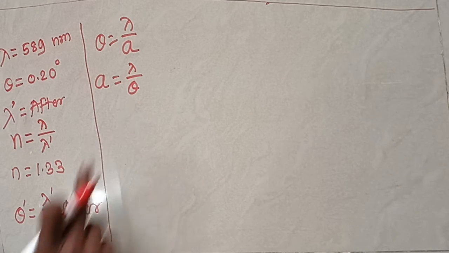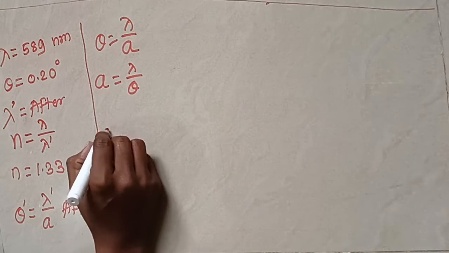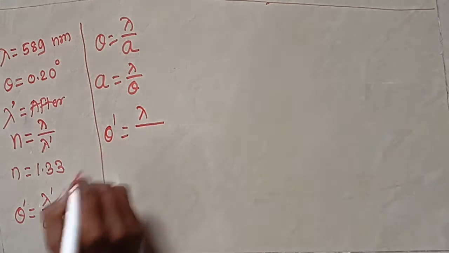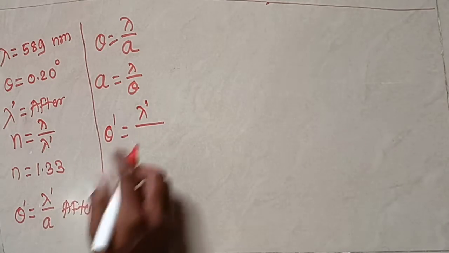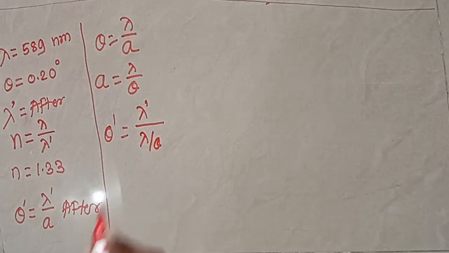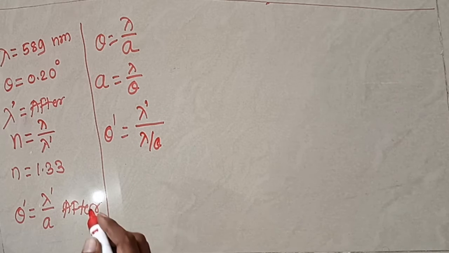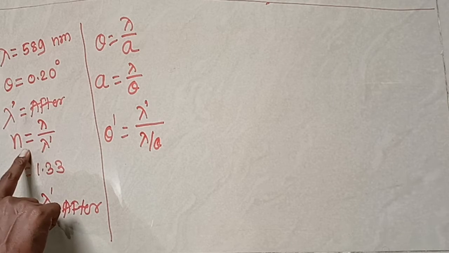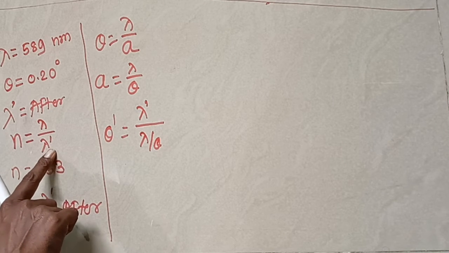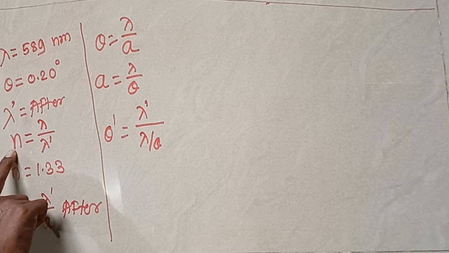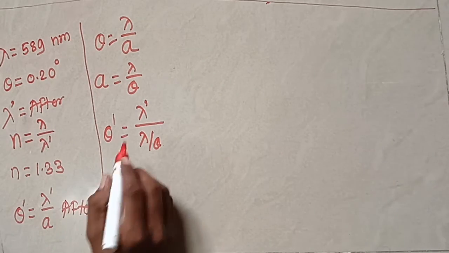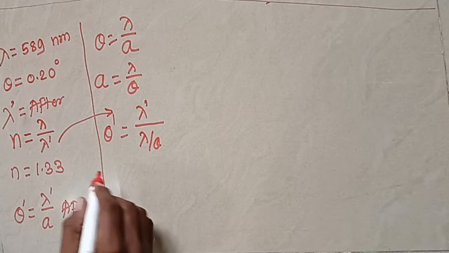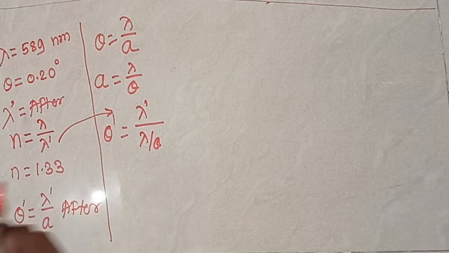Now put this formula in that formula, we get theta dash is equal to lambda dash divided by lambda upon theta. Okay, simple. Now we know that n is equal to lambda upon lambda dash, and therefore lambda dash is equal to lambda upon n.